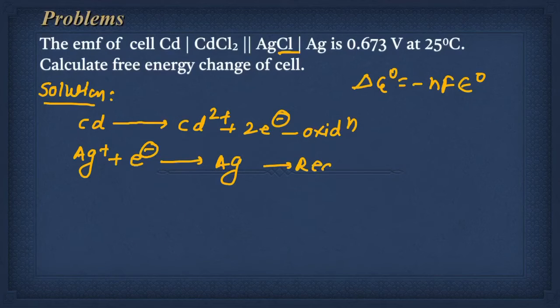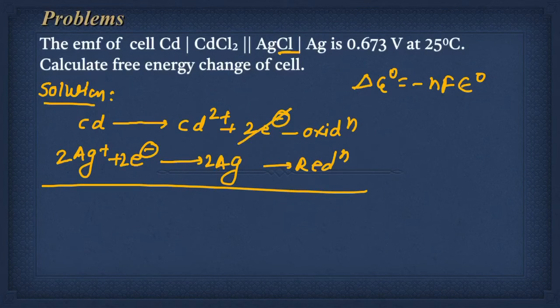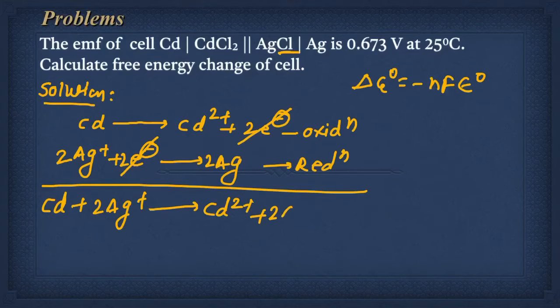To balance the reaction, because 2 electrons are involved, we have to multiply by 2 on both sides. So we got the overall reaction. After cancelling the electrons we got cadmium plus 2 Ag+ giving Cd2+ plus 2 Ag. So this is the overall reaction where we observed the oxidation of the cadmium and the reduction of the silver.